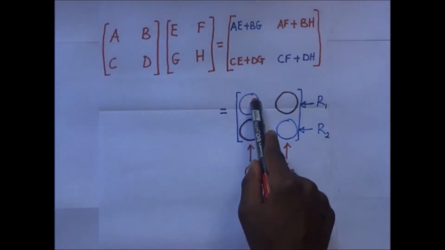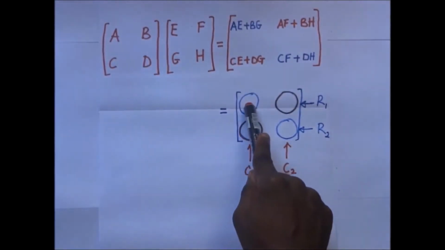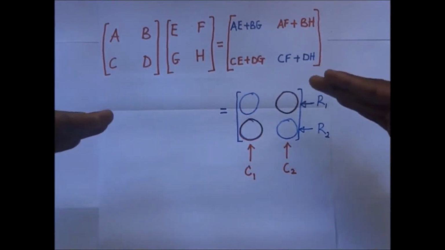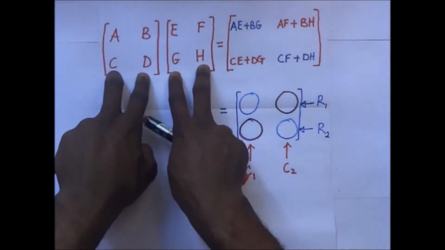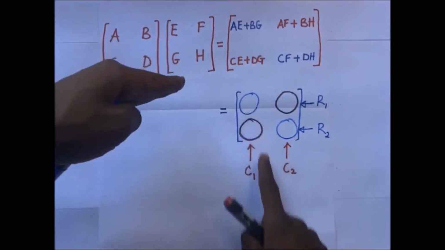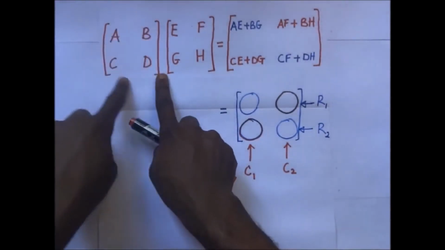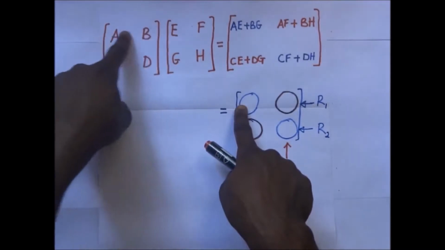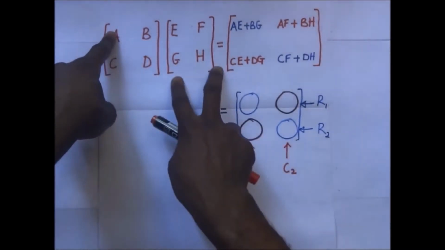So for example, let's assume that we want to find this answer. What answer do we get here when we are multiplying these 2 matrices? If you look at this position, it is in the top row and on the left hand column. So it means that when we are multiplying these matrices, we are going to multiply the top row of the first matrix by the left hand column of the second matrix.